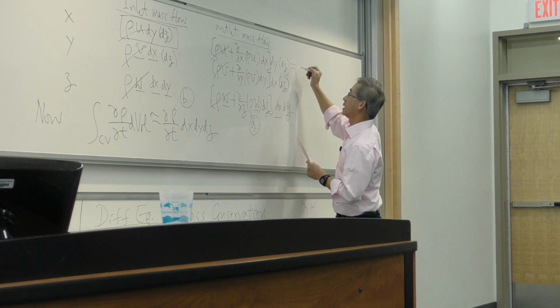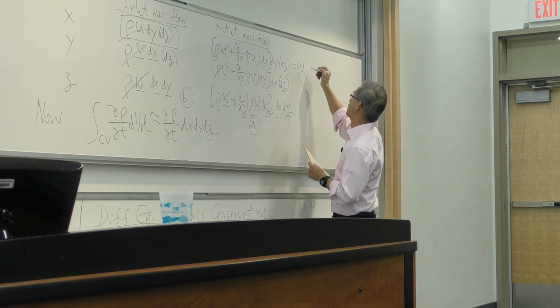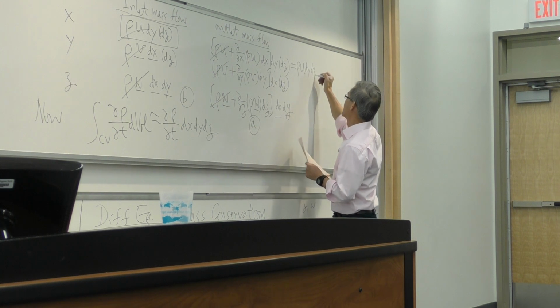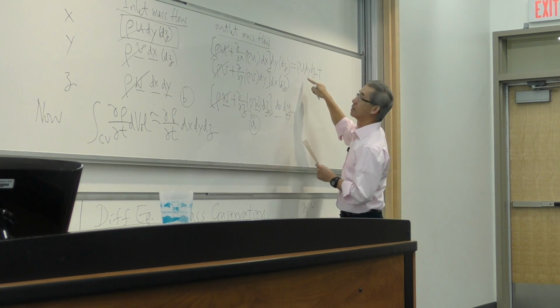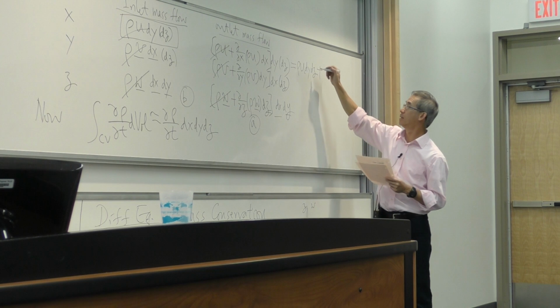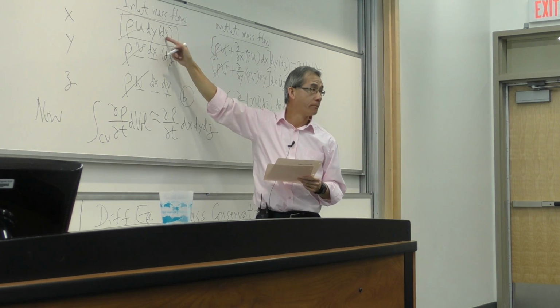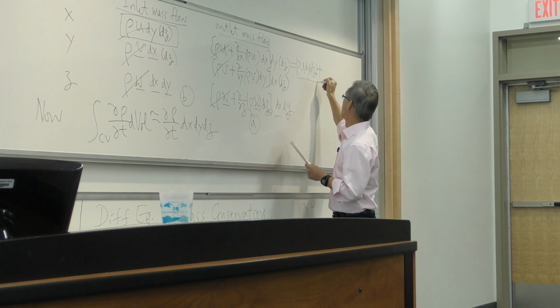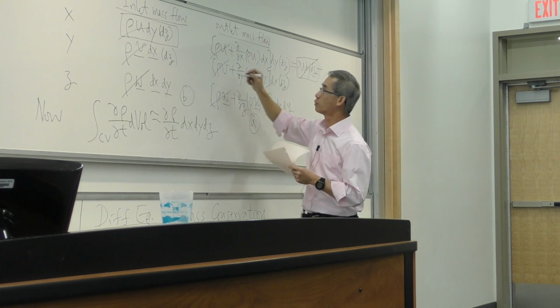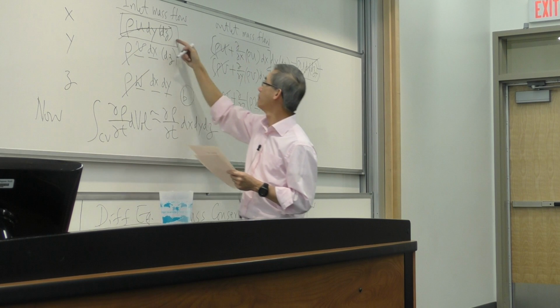This term, if I break it up, we'll have rho u dy dz. Rho u dy dz, which is exactly the same as this one. So that drops out. That's what I meant by cancel.